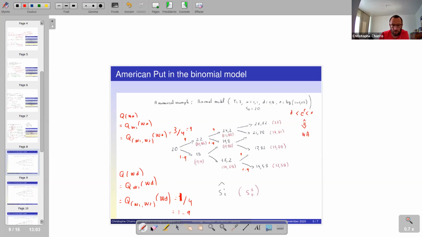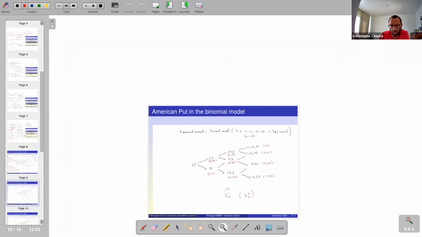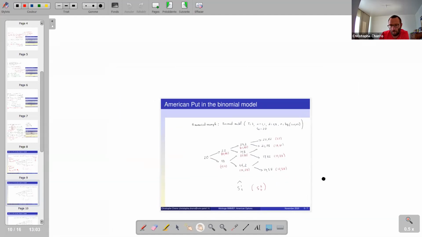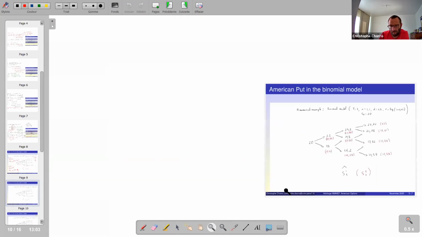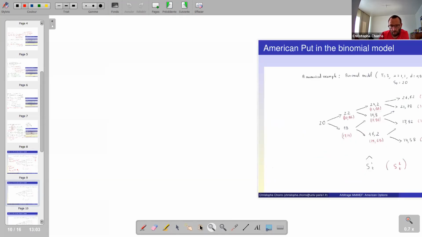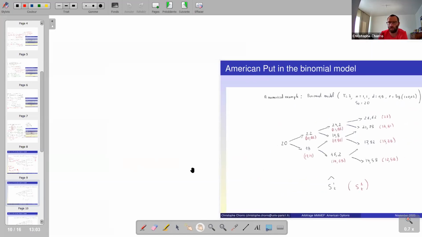So let's pass to the next slide, to make this clearer. Maybe I will try to make it a little bit bigger. Excuse me. I put it as big as I can, okay, that is this one here.